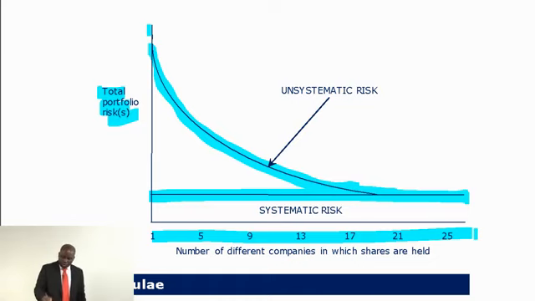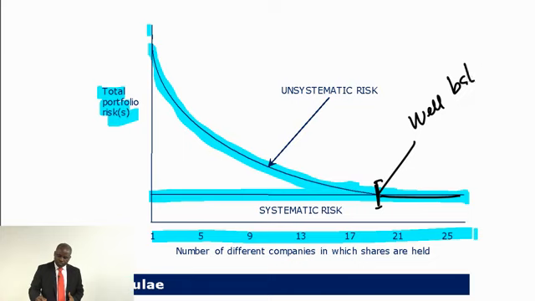From this point onwards, what happens? You have only systematic risk. What is the meaning? All the unsystematic risk is eliminated. And at that point, we say the investor has got a well-balanced portfolio.